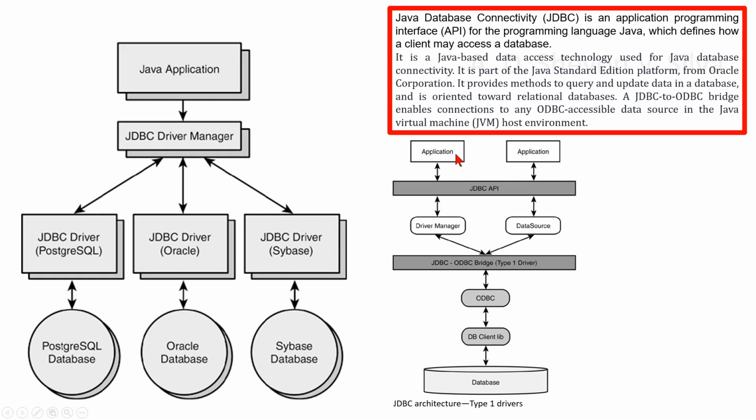Here you can see applications interact with the JDBC API. The JDBC API interacts with the driver manager and data source. The driver manager and data source interact with the JDBC ODBC bridge Type 1 driver.